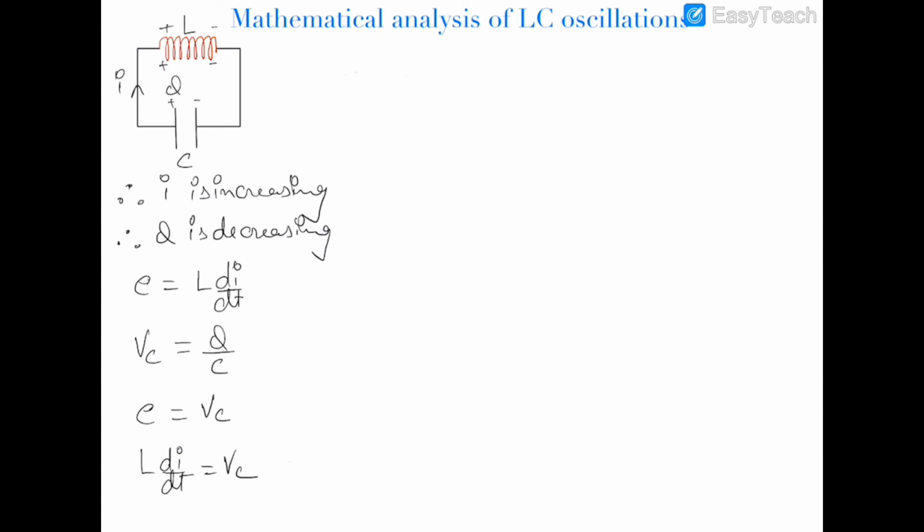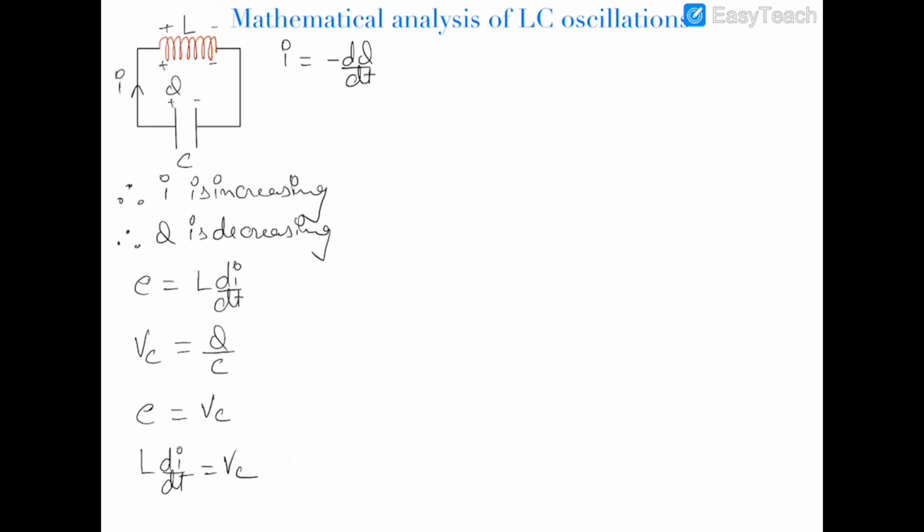Now I can write the current as minus dq by dt. This negative sign represents the fact that the charge is decreasing with time.